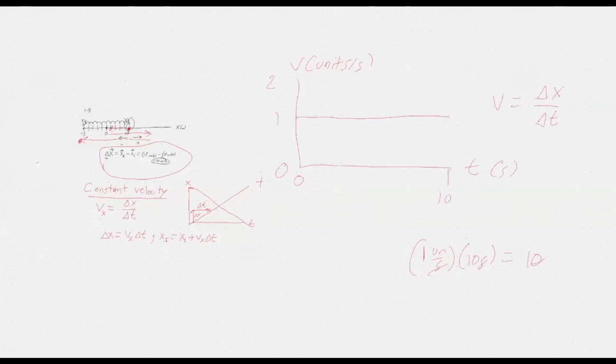This would be my displacement in this period of time. And notice something. 1 times 10 happens to be the bounded area beneath the line. It's not really a curve here, but it will end up being between the curve and a time of 0, right?